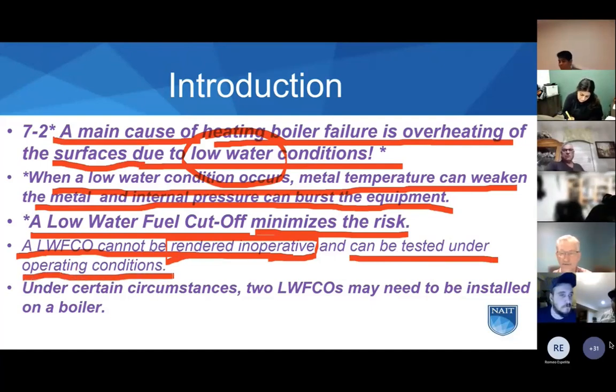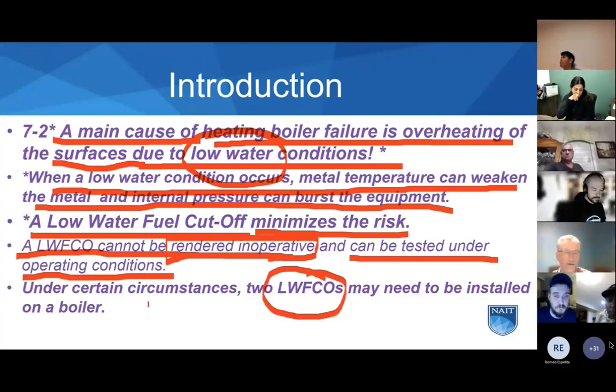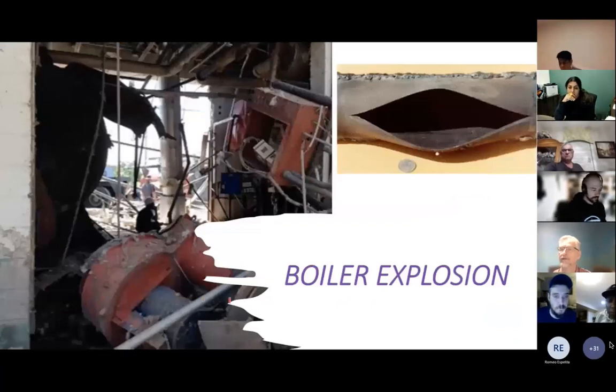And usually the simplest test is simply to lower the level in the boiler until the fuel cuts off. Okay, there are some instances, we'll talk about what they are. There might be two on boilers. Boilers that are not under constant supervision will have two low water fuel cutoffs, because we want to at least not have the paperwork for a boiler explosion.